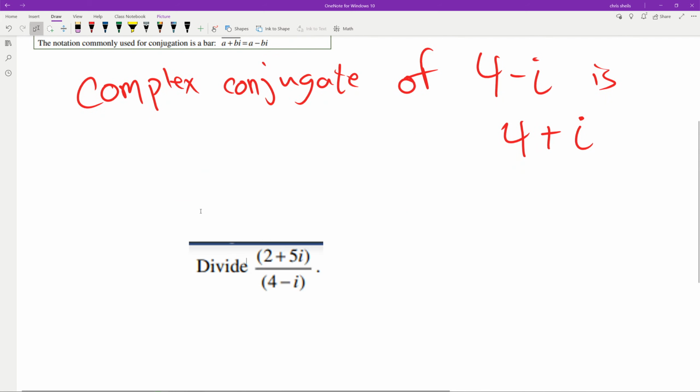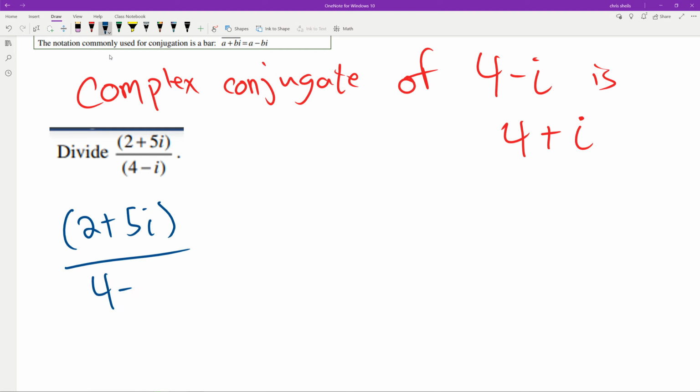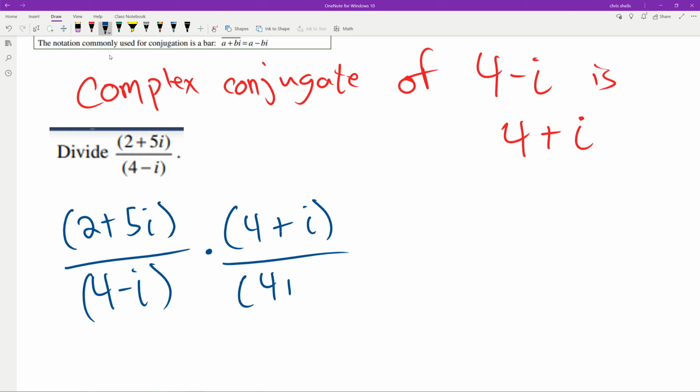Let me copy and paste this problem. So I'm going to write the problem again. I have 2 plus 5i over 4 minus i. And I want to multiply the numerator and denominator by this complex conjugate, 4 plus i. Notice that I'm really multiplying this problem by 1, so I'm not necessarily changing anything.